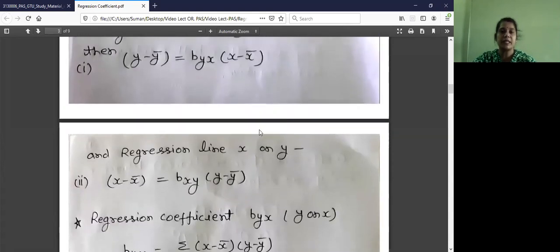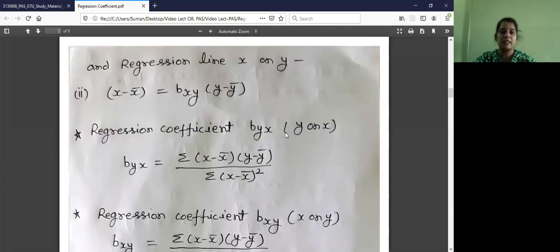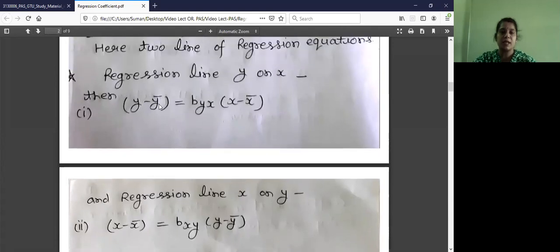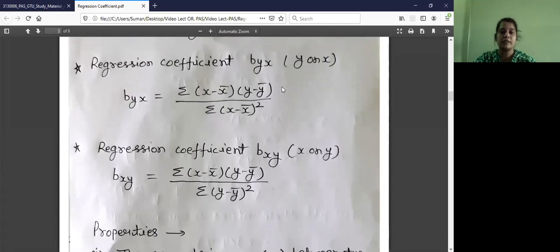These are the two regression lines. Keep in mind, logically, if first we write x, our formula starts from x. Got it? First we write y, so our formula starts from y.